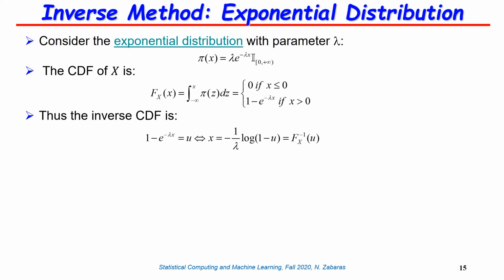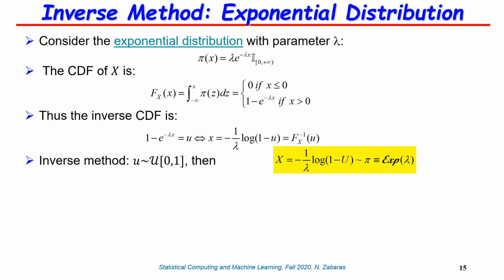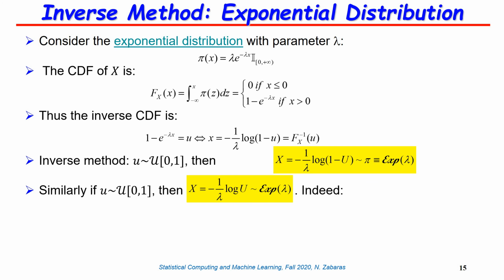So effectively, if u is a uniform random variable from 0 to 1, then minus 1 over lambda log of 1 minus u is exponentially distributed with parameter lambda.